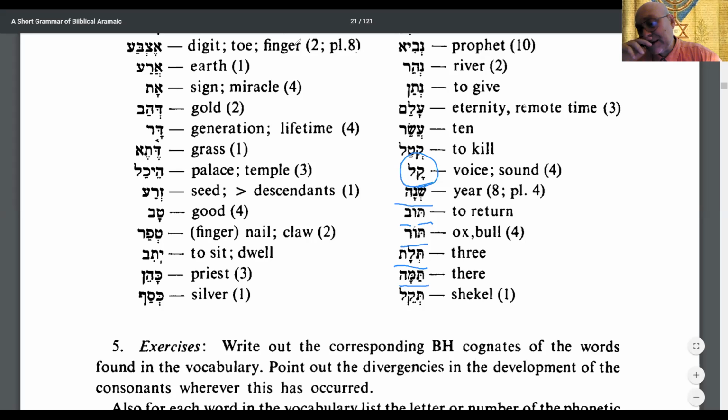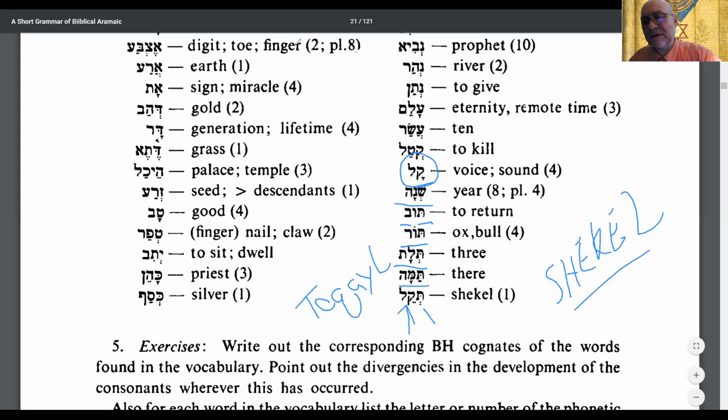Look at that. Instead of a sheen, it's a tav, tekel, T-E-Q-A-Y-L, tekel in Aramaic. And I think it's S-H-E-K-E-L in Hebrew, shekel, tekel.